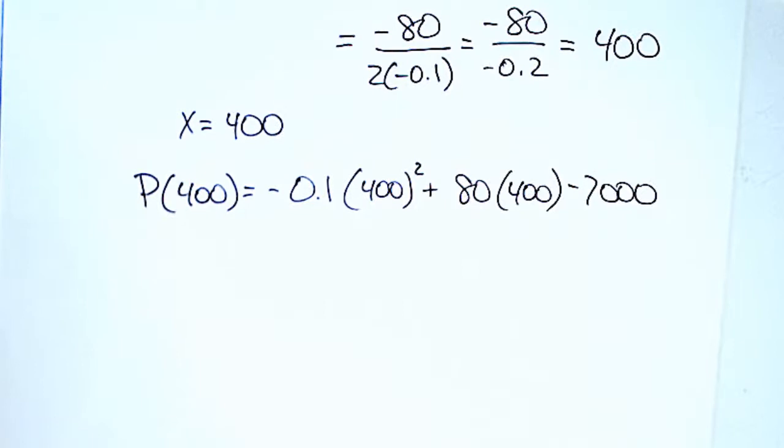It's really lovely. Okay, 400 times 400 equals 16 with a bunch of zeros times a 0.1. So I get, let's try it again.